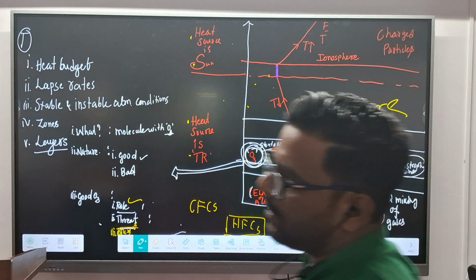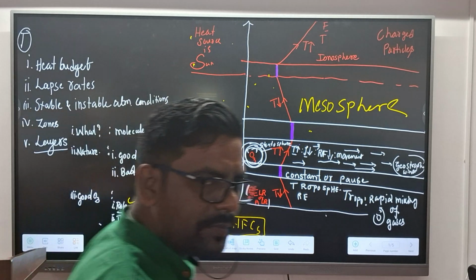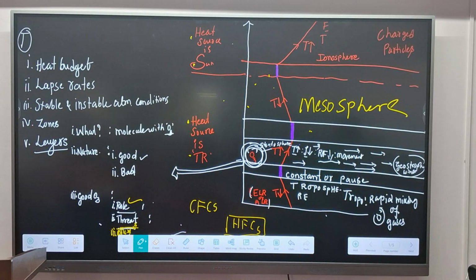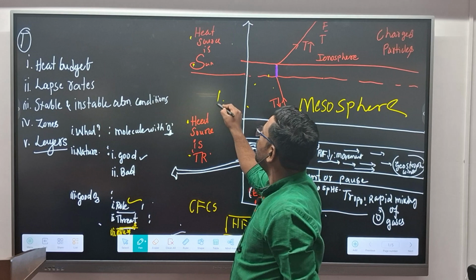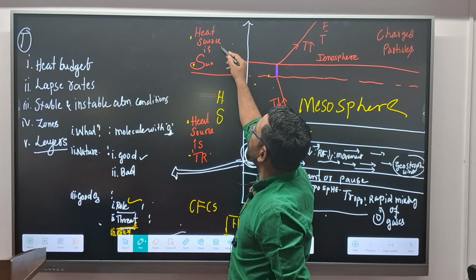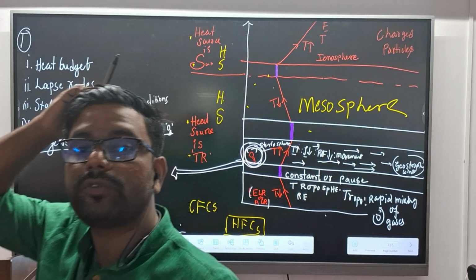The ionosphere is within the thermosphere, okay? There is no proper ionosphere as such, but we say ionosphere. And it is also called the homosphere, and it is called the heterosphere. Fine? Homosphere and heterosphere.